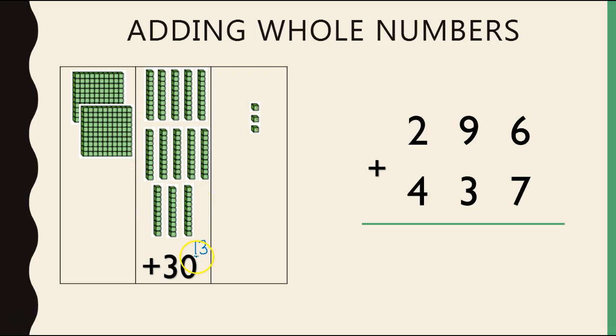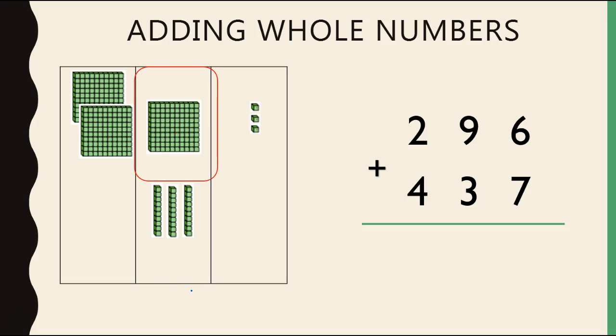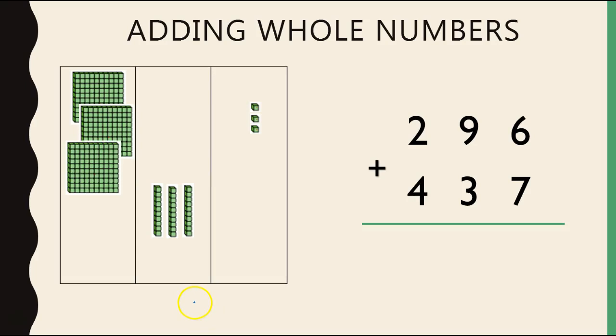Since we're saying 13 tens, we're going to take 10 of those tens blocks, put them together, and that makes a 100 block. 10 tens blocks makes 100. So we're going to move that to the hundreds column.